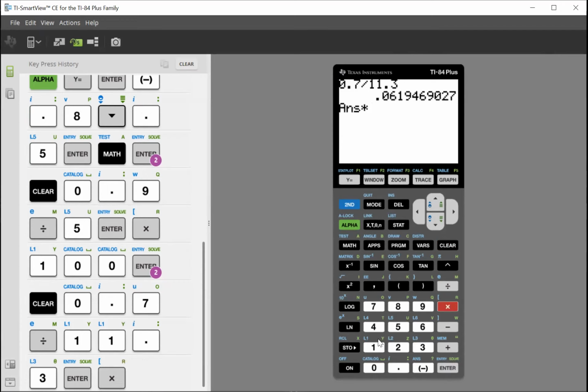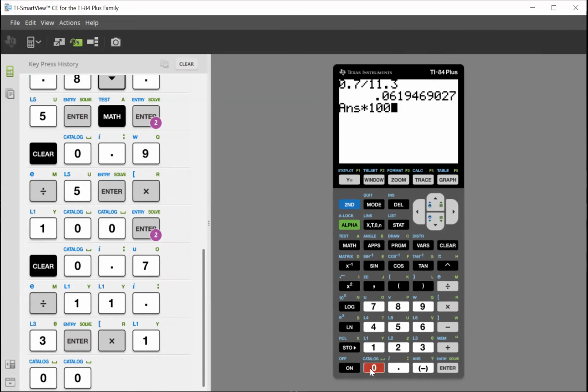And watch this. When you multiply by 100, it's going to move that decimal from in front of the 0.06 and put it after the 6. So it's after the 6 now, 6.19. So round that. Am I going to keep that a 6 or would you round that to a 7?